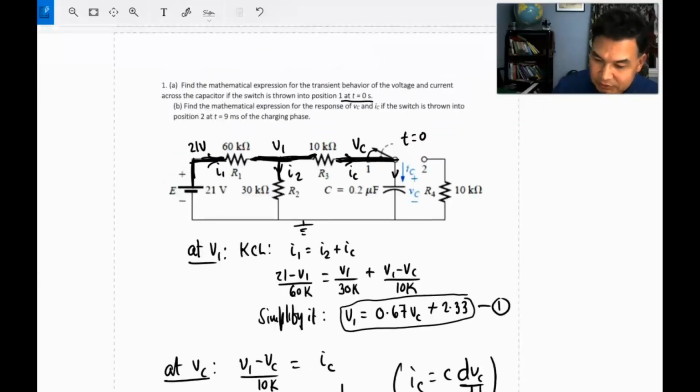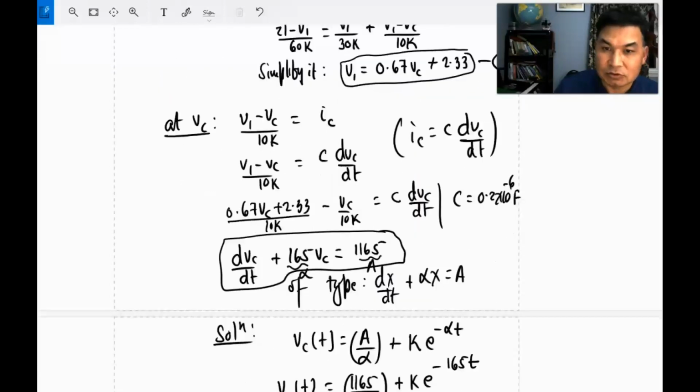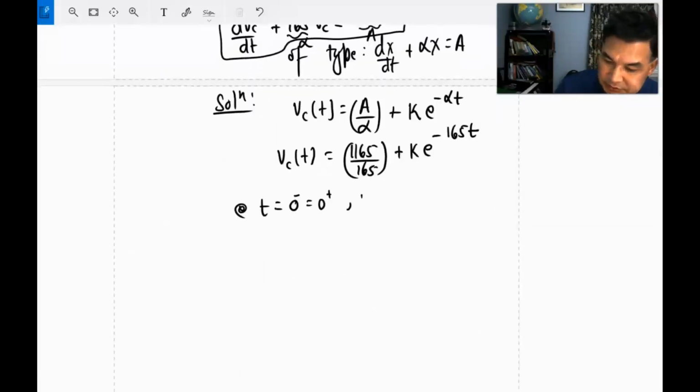And what is the voltage across the capacitor in the beginning? It is 0, because this was not connected to any power source. So this VC is 0.